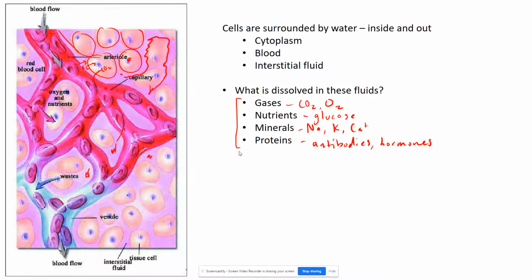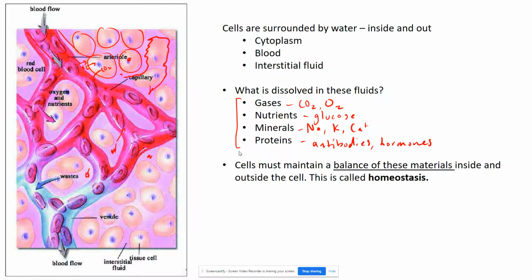And your cells are going to be constantly trying to keep the correct concentration and the correct amounts of all of those things inside the cell if they need to be inside the cell, or outside the cell if they need to be outside of the cell. And we're going to talk about how the cell actually does that. So as the cells must maintain a balance of these materials inside and outside the cell, that is called homeostasis. So let's make sure we're writing this stuff down. This is all important here.